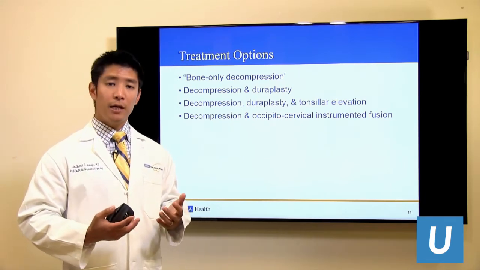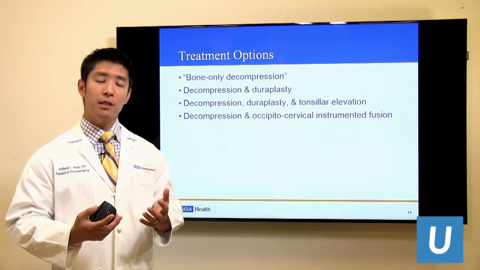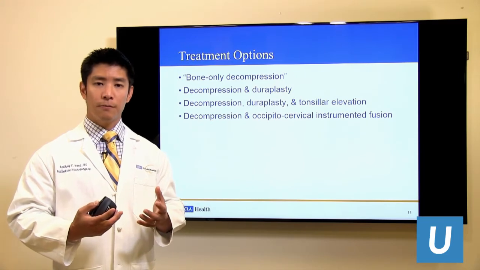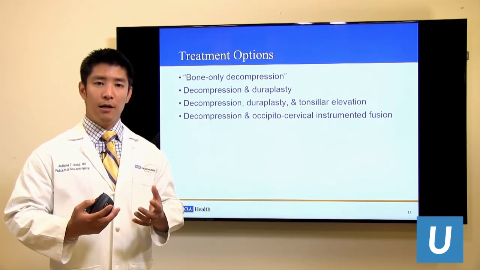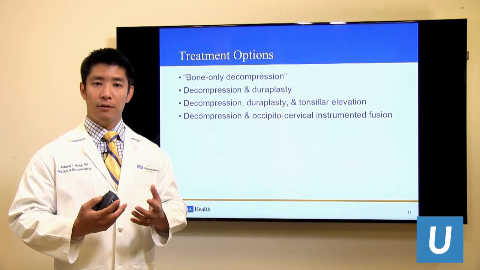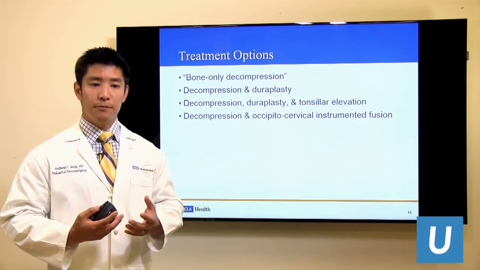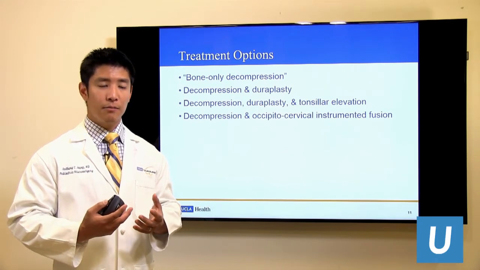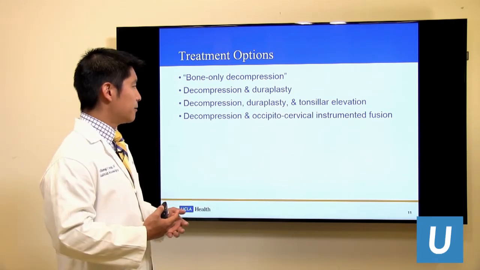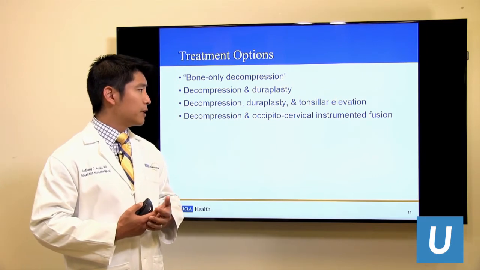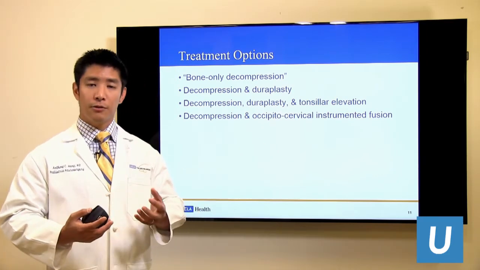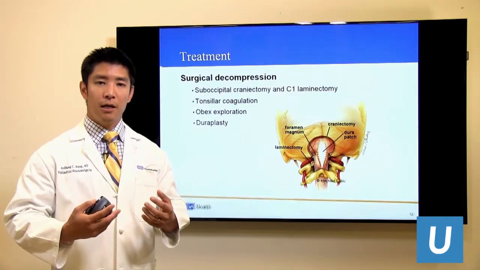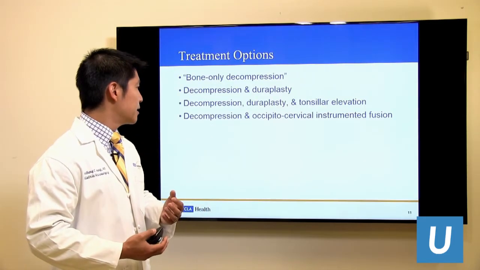Some also argue that this is not just a condition of crowding, but also of abnormal CSF flow, and that it's necessary to open up the CSF flow pathways to normalize them. In order to do that, we'll very frequently elevate the tonsils, the part of the cerebellum that's sitting too low, back to a normal position in order to create space.